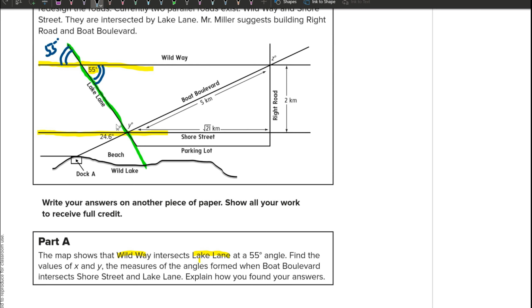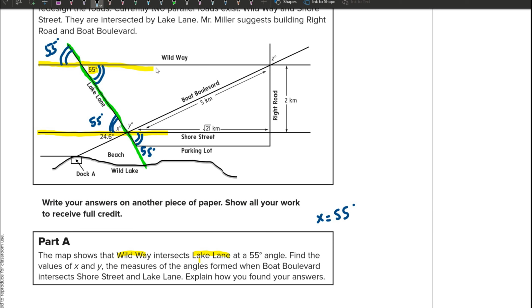Besides that, you have alternate interior angles, also equal to that, also 55 degrees. And if you want to go extra, go to the other side, it's also 55 degrees. Yes. So in this case, we found out that x equals 55 because of the alternate interior angles between a transversal and 2 parallel lines.